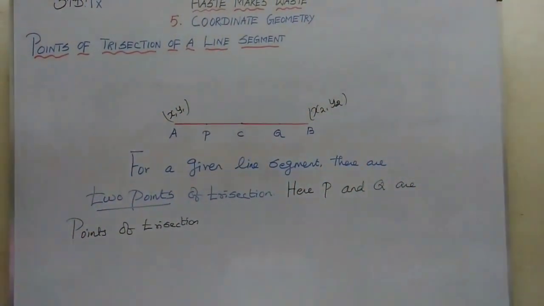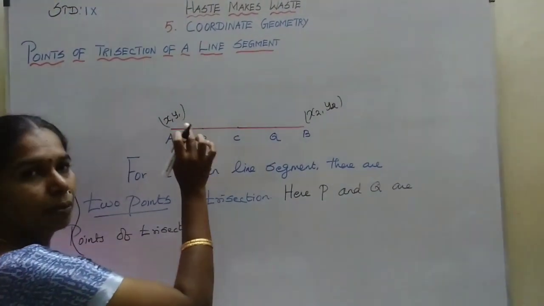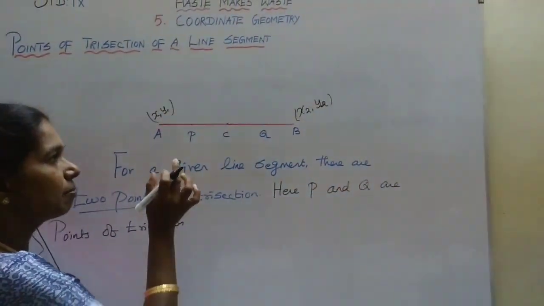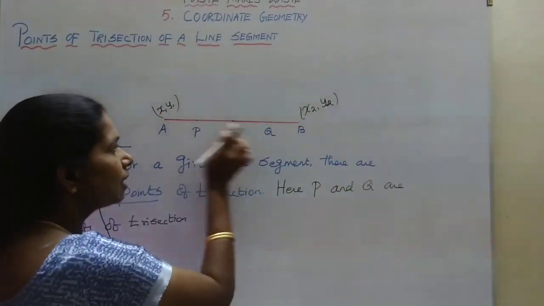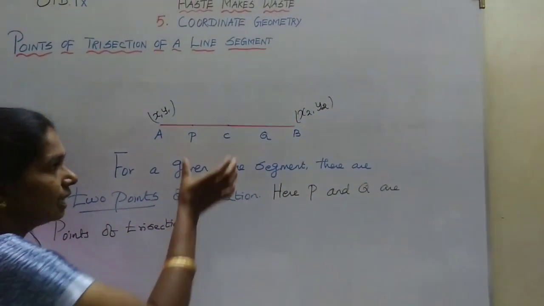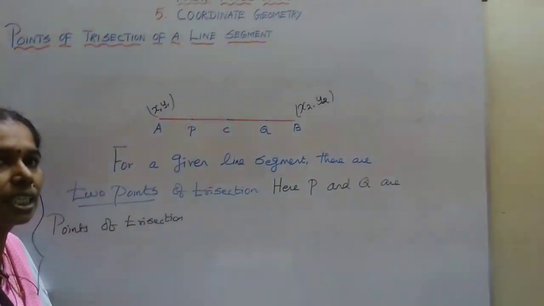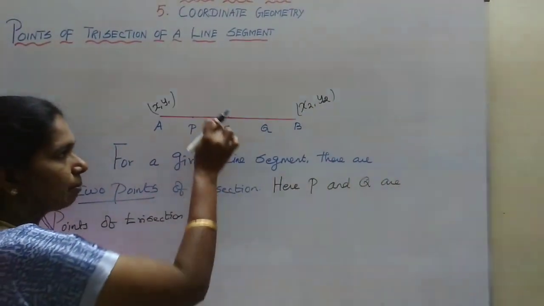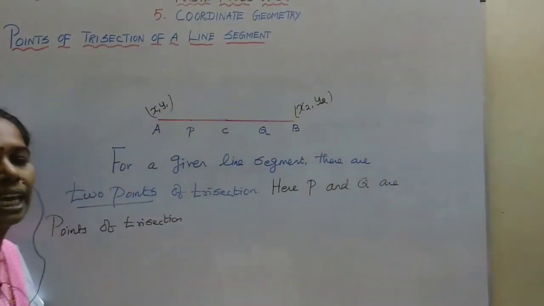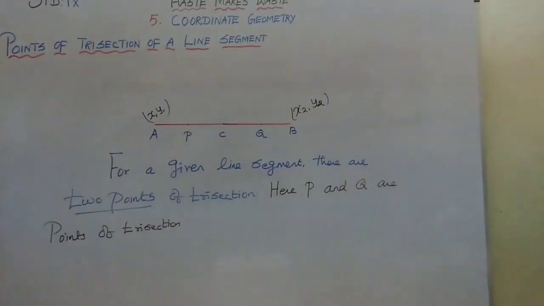If we take the point P, it lies in the midpoint of AQ. In the length of AQ, I am going to find the point P, and it comes at the midpoint of AQ.